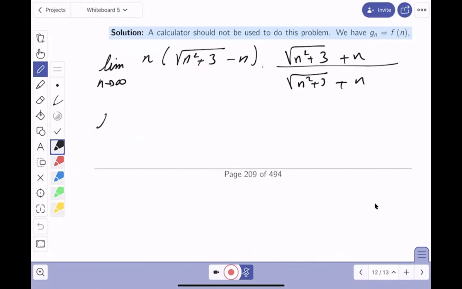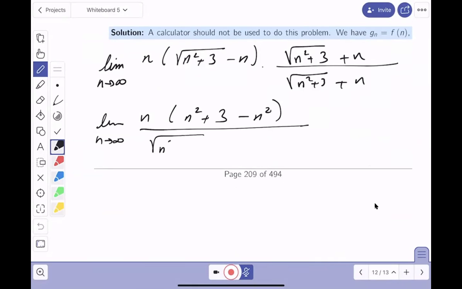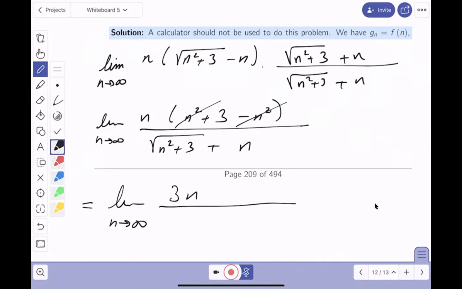Let me see what I get. That top is pretty simple, right? The bottom, these cancel off, and you get 3n on top. I'll write that down for you. And at the bottom, you get this.